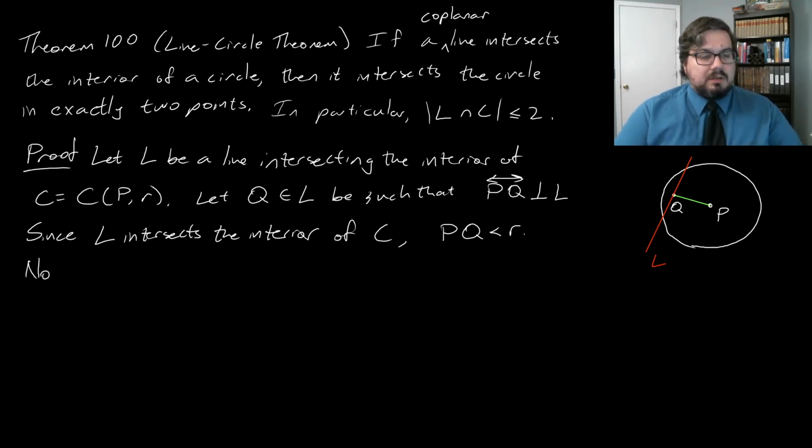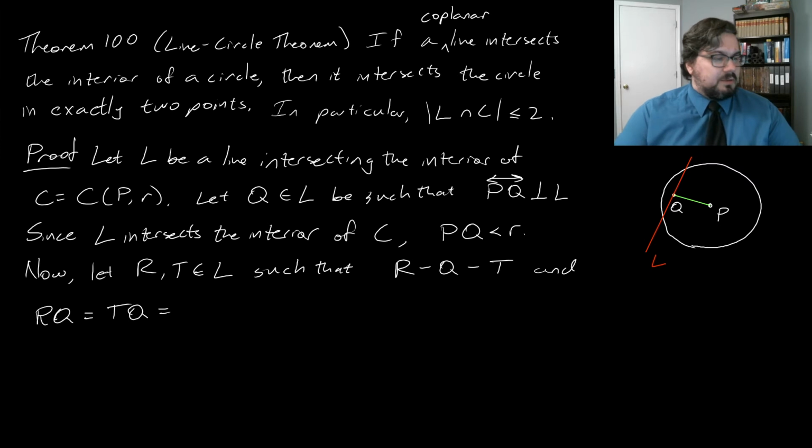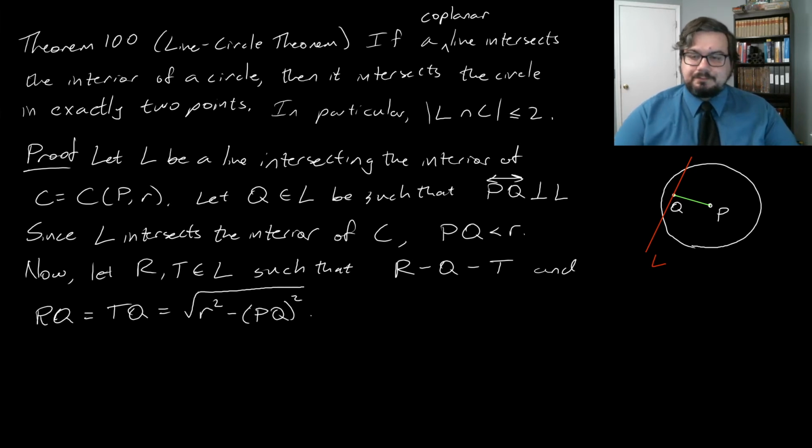So now let's let R and T lie in the line L such that R and T are on opposite sides of Q, and the distance from R to Q is equal to the distance from T to Q, which is the square root of r squared minus the distance PQ squared.